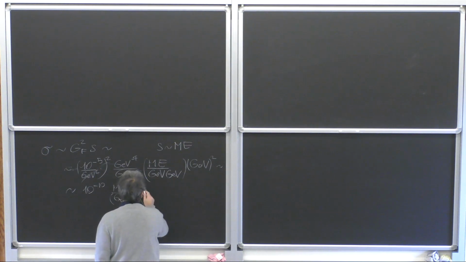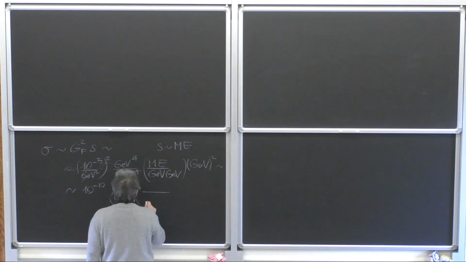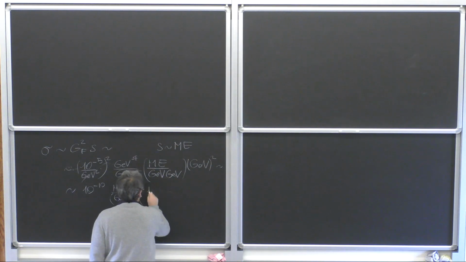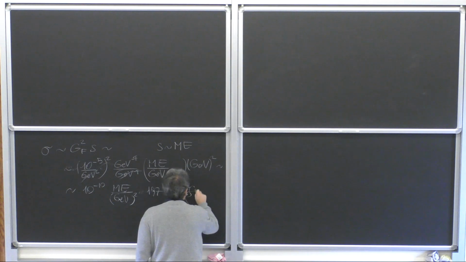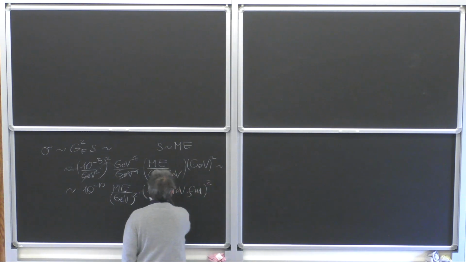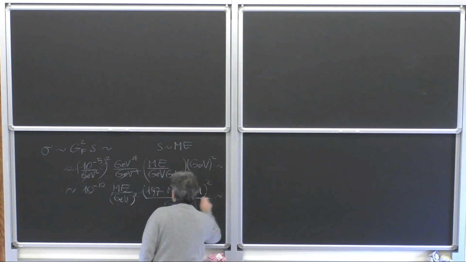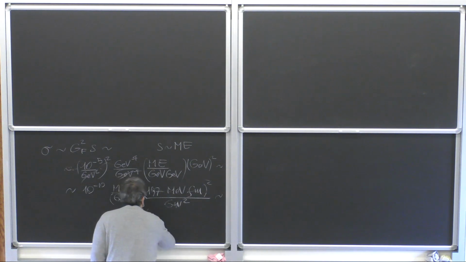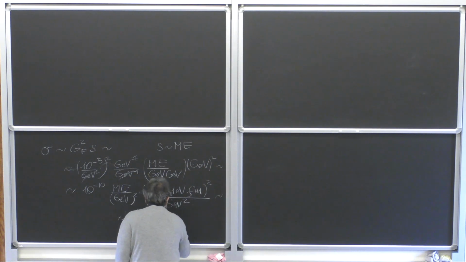And then we use, to go from GeV to, so we have here 197 MeV per Fermi squared divided GeV squared, and this is 10 to the minus 10 about ME divided GeV squared.